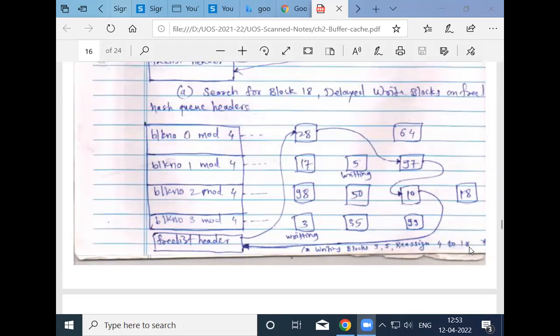Can we proceed further? Is it over? Name of the diagram, writing blocks 3, 5, comma, reassign 4 to 18.